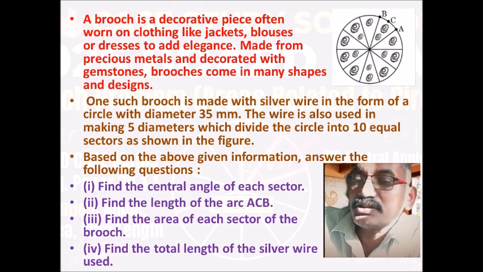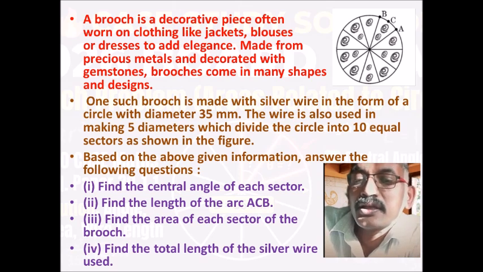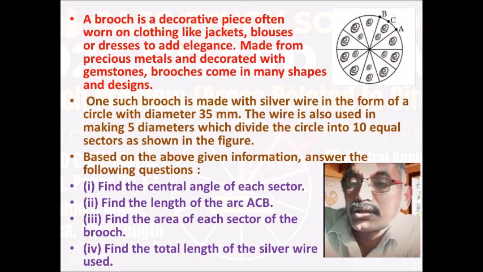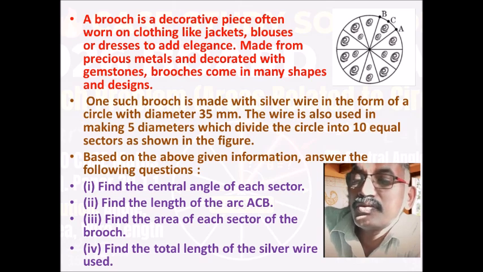One such brooch is made with silver wire in the form of a circle with diameter 35 millimeter. The wire is also used in making 5 diameters which divide the circle into 10 equal sectors as shown in the figure.